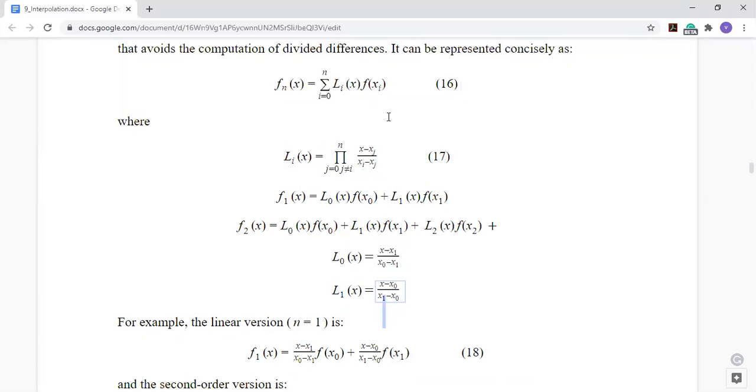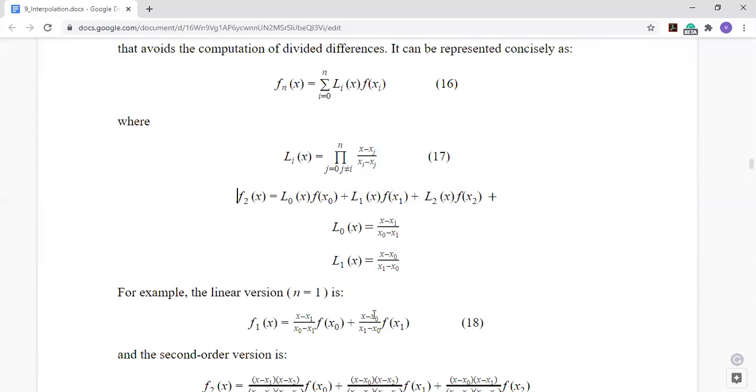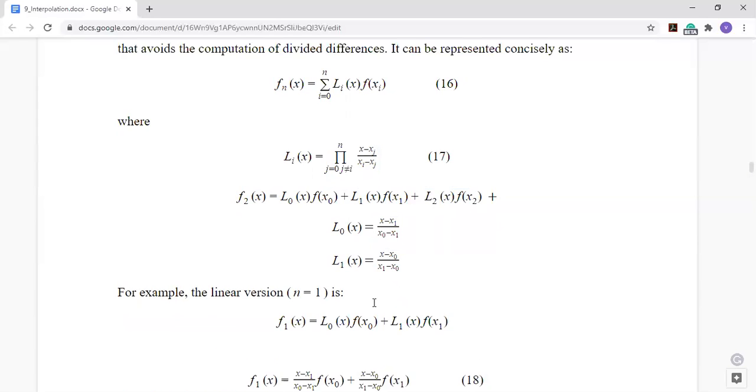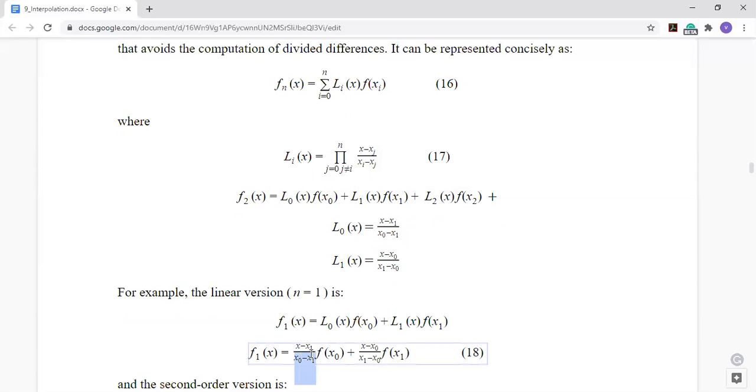So this is the Lagrange polynomial. For a first order, this is the form, like I said. For a second order, this is the form. So the number of terms would increase like that. This is the general structure for finding L of x. So like I said, for the first order polynomial, this equation here becomes this, where L0 is given by this, then L1 is given by this.